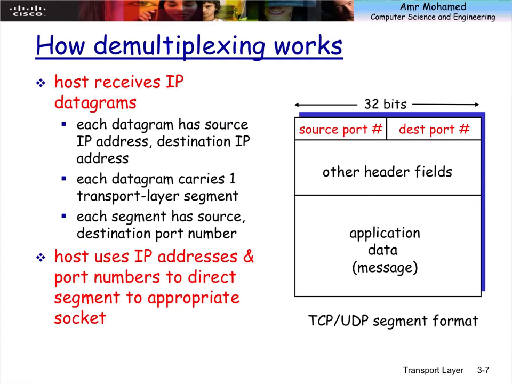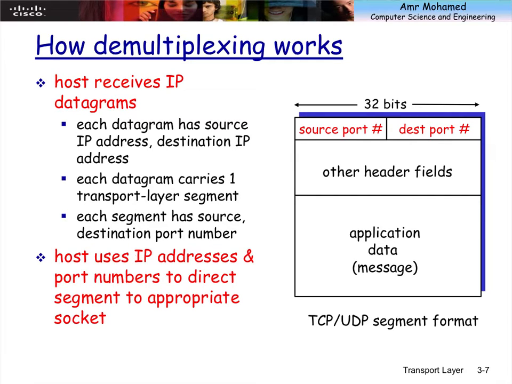Other fields depend on what other services or benefits the transport layer protocol can provide, for example reliable data transfer or not, congestion control, flow control, things like that. So the port numbers facilitate the multiplexing to the host pipe, which is represented by the IP address.